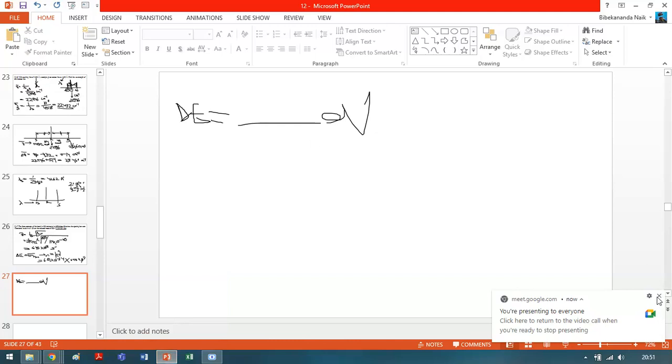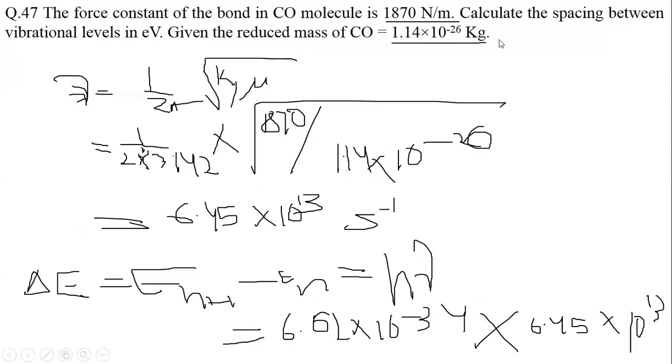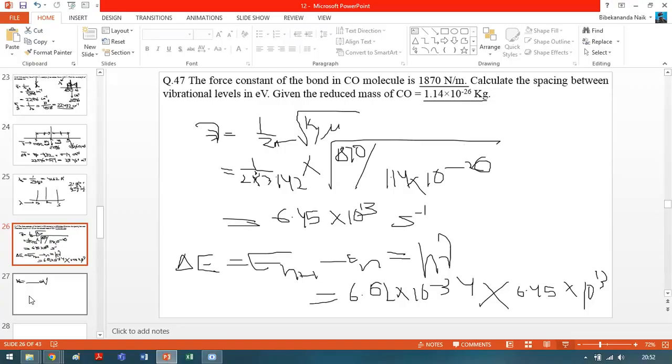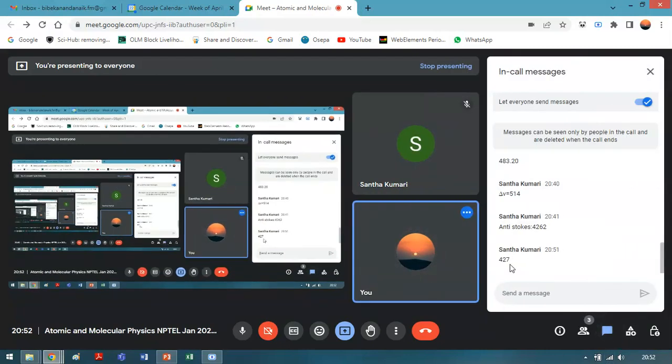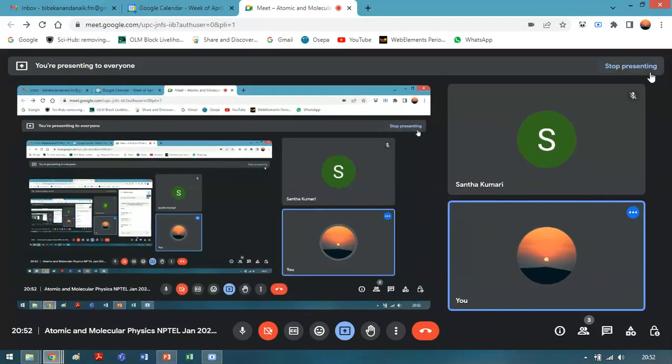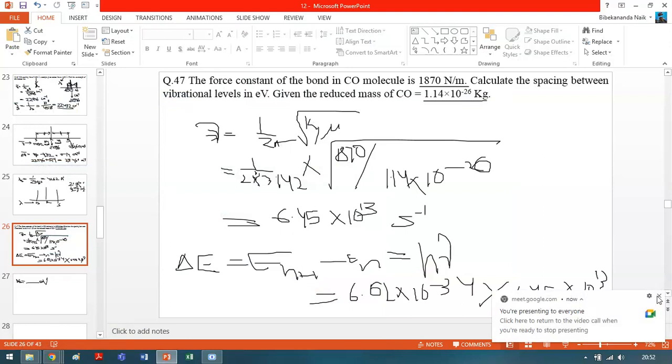So what we calculated here: in the question, the force constant and the reduced mass were given, and we need to calculate the spacing between the two levels in terms of electron volt. No, no, electron volt. You want electron volt, it will be very less, not 400 something. 1 electron volt is 1.6 into 10 to the power minus 19 joule.